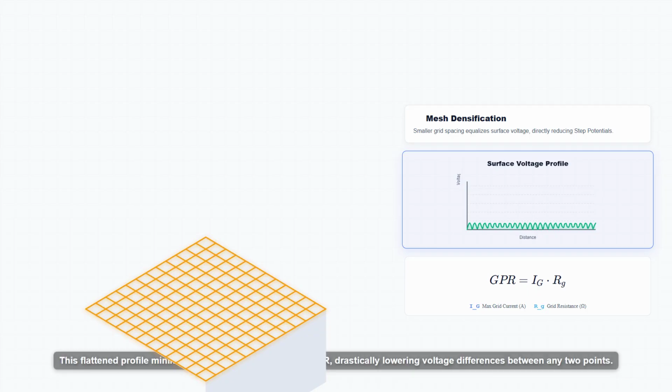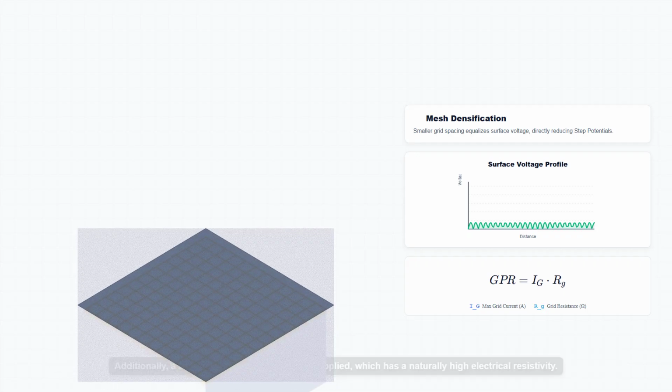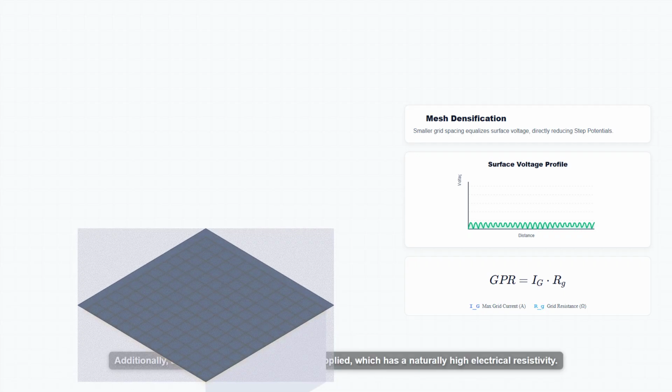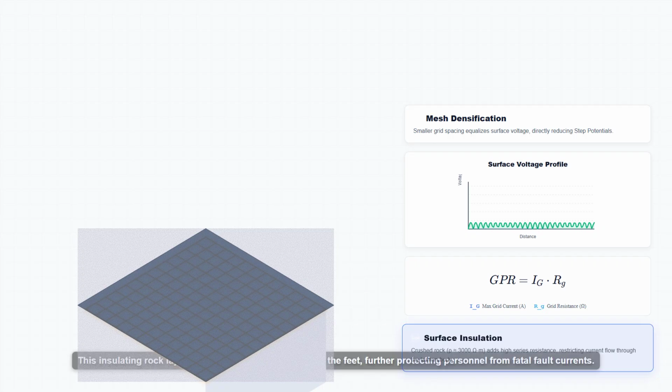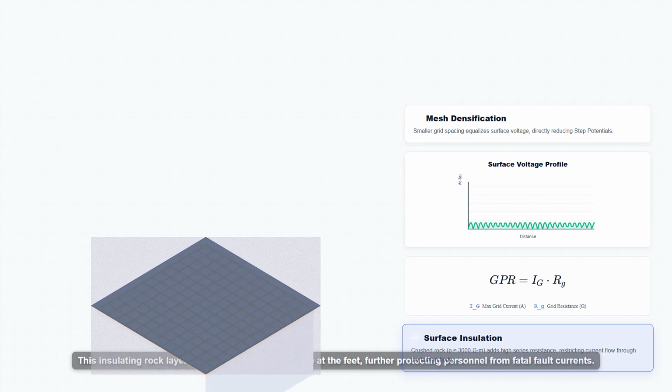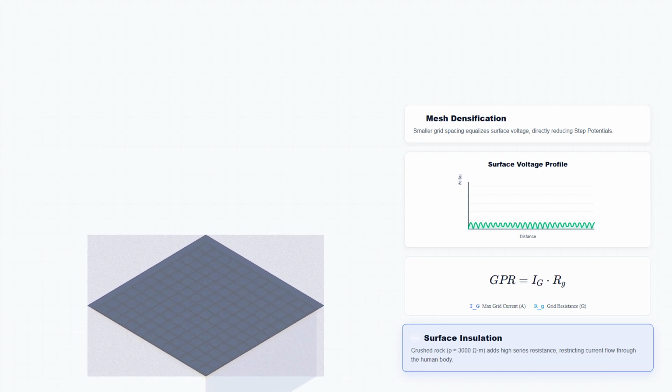This flattened profile minimizes ground potential rise, or GPR, drastically lowering voltage differences between any two points. Additionally, a surface layer of crushed rock is applied, which has a naturally high electrical resistivity. This insulating rock layer increases contact resistance at the feet, further protecting personnel from fatal fault currents.